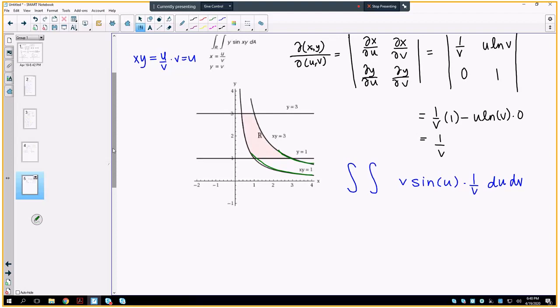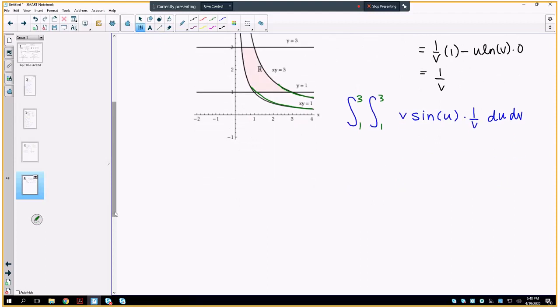So I'm going to say that my bounds for u are from 1 to 3. And I can clearly see that y is running from 1 to 3 as well. And y is equal to v, so this will also be my bounds for v. So this integration should be integration 1 to 3, integration 1 to 3, sine of u, du, dv.